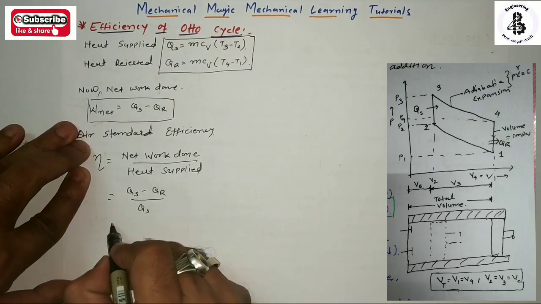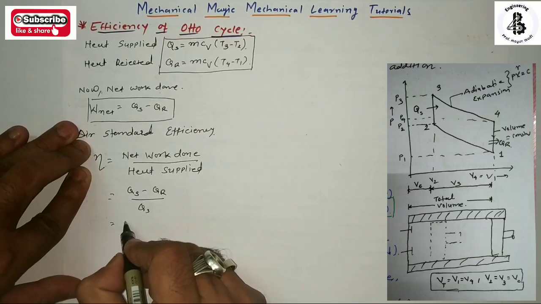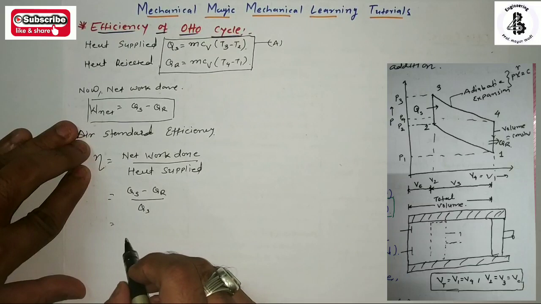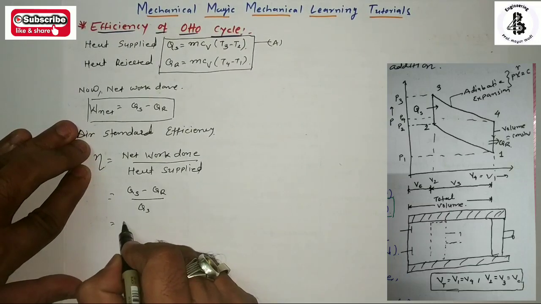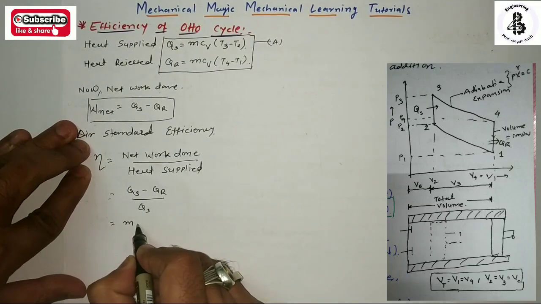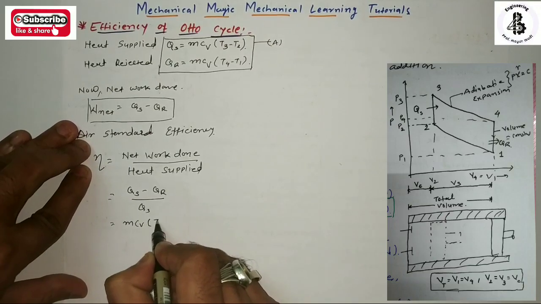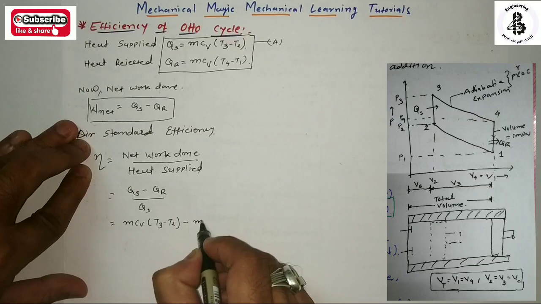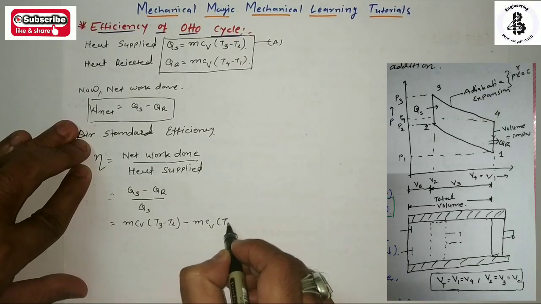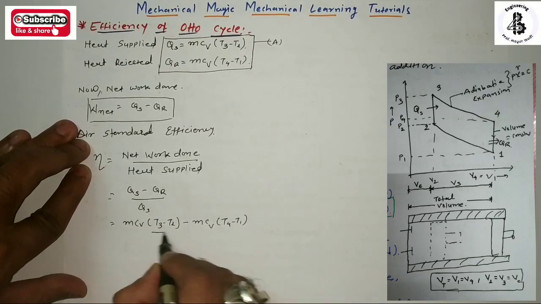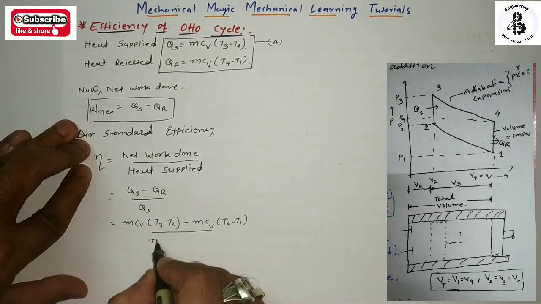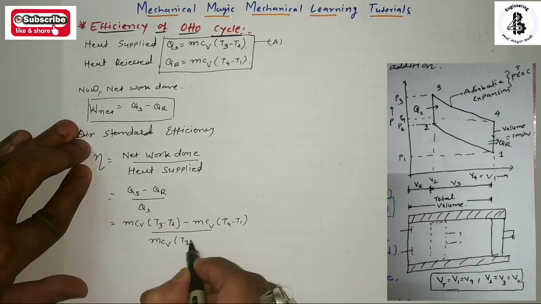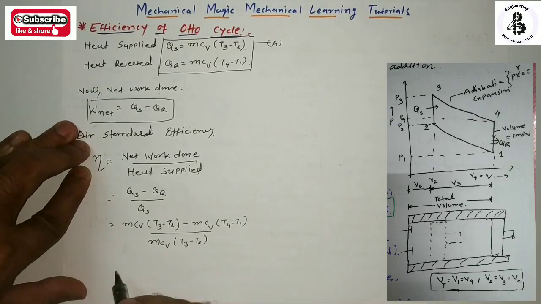Simply put the values of Qs and Qr from equation A: m Cv (T3 minus T2) minus m Cv (T4 minus T1), divided by m Cv (T3 minus T2).